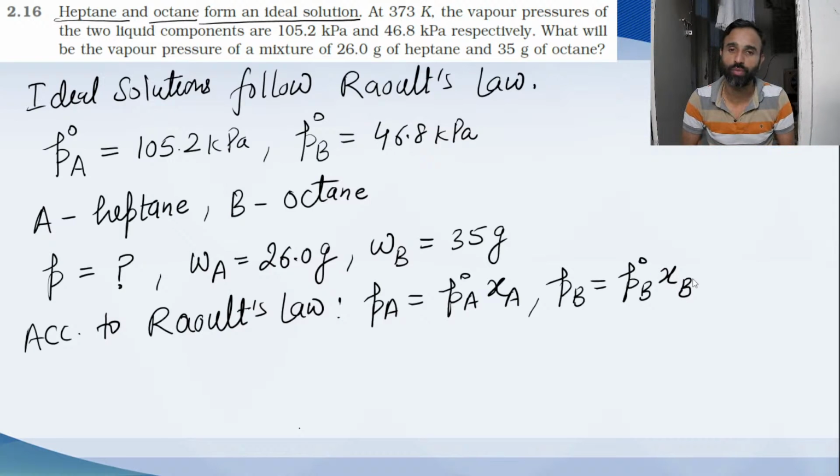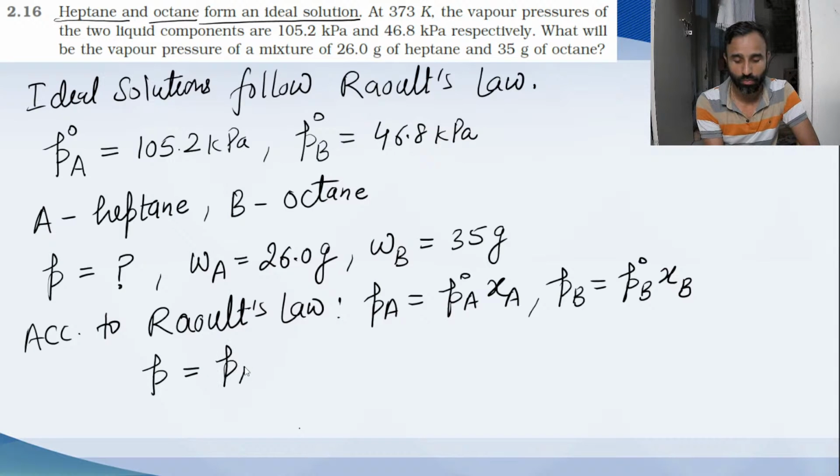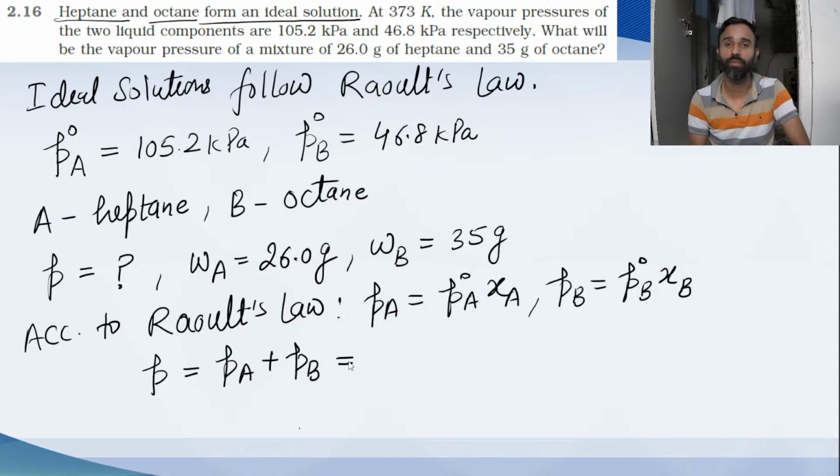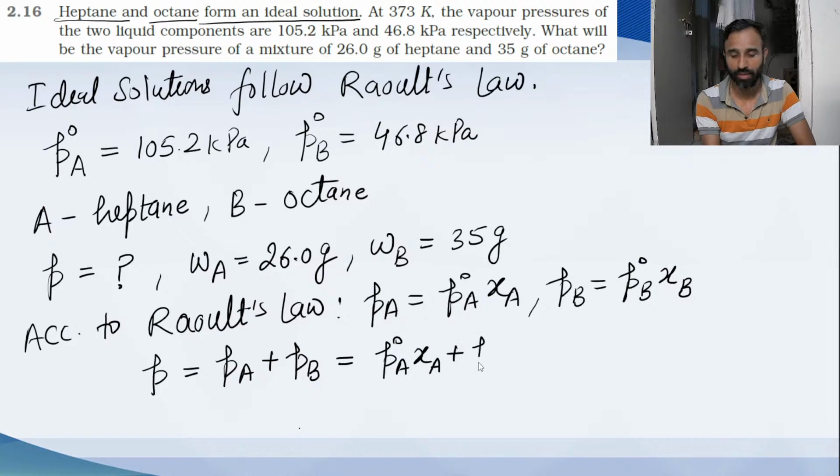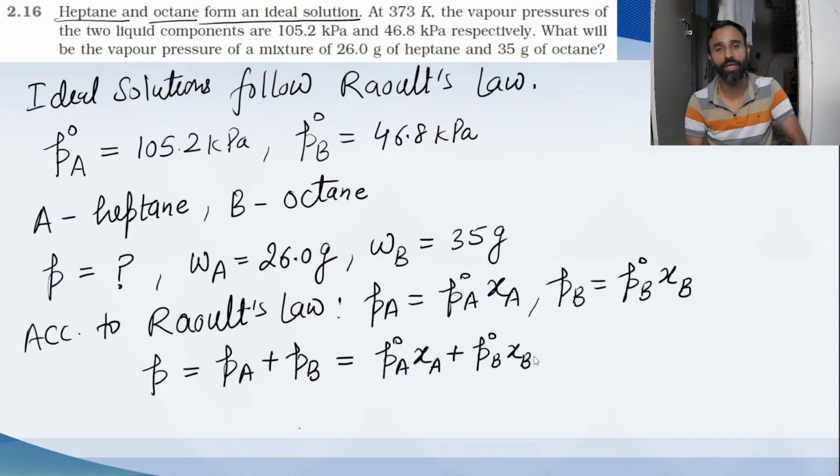The formula of Raoult's law, that PA equal to P naught A XA, PB equal to P naught B XB, and P, that is vapor pressure of the mixture, is equal to PA plus PB, that is P naught A XA plus P naught B XB.